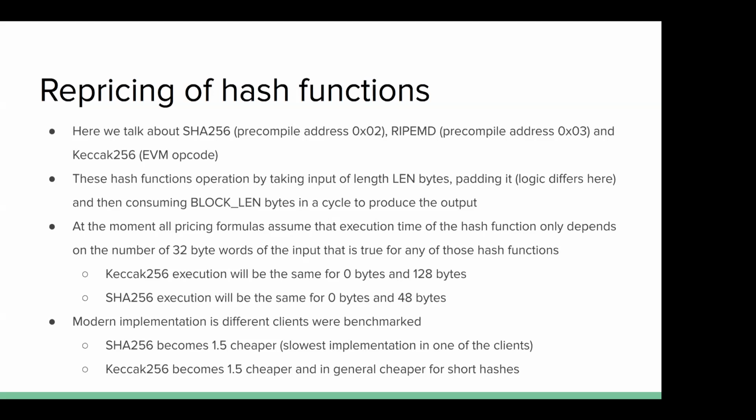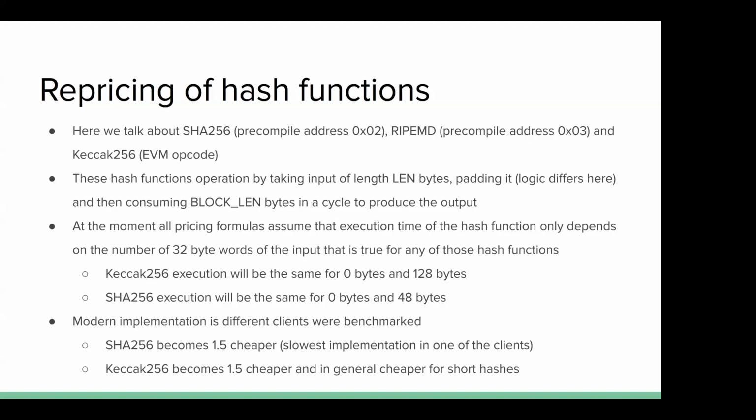For these hash functions, which are more or less standard hash functions, how they work is when you feed an input of some length into the hash function, internally, depending on the specific one, they do some work which involves padding the input value with a few extra bytes.